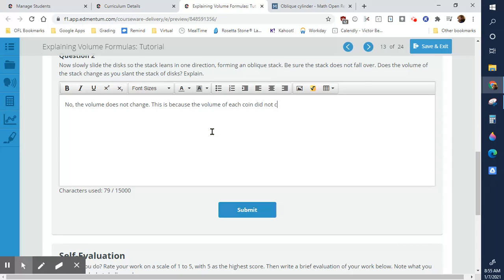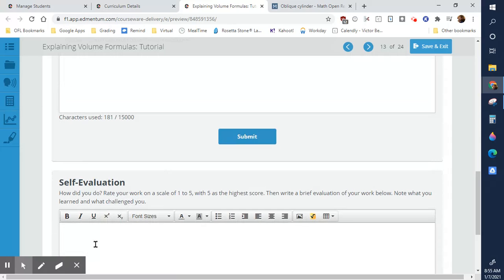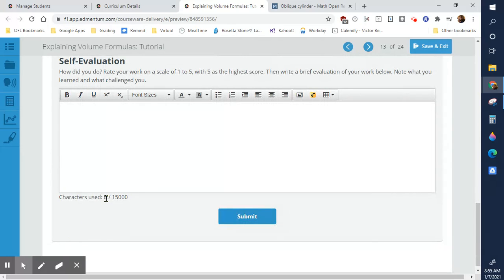And since we have the same number of coins, the cylinder as a whole must have the same volume. So that's the idea there, is because we're not changing any of the coins or anything, there shouldn't be a change in volume.